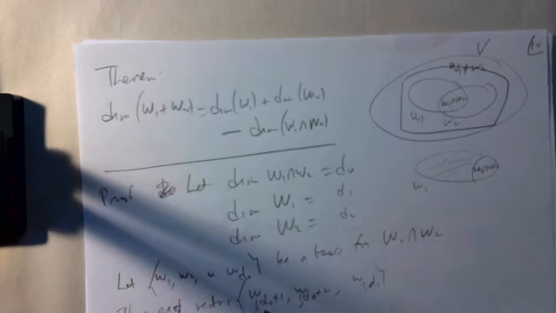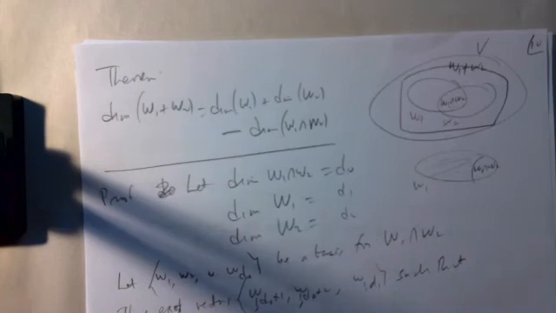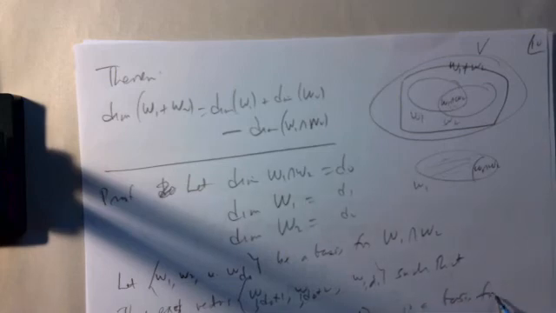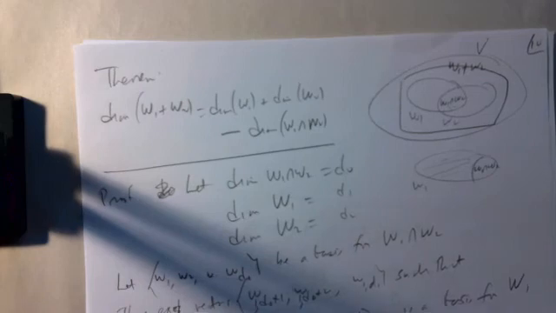So I have d1 minus d0 vectors such that these vectors plus these vectors is a basis for W1, because W1 has dimension d1 and I have d1 vectors here.